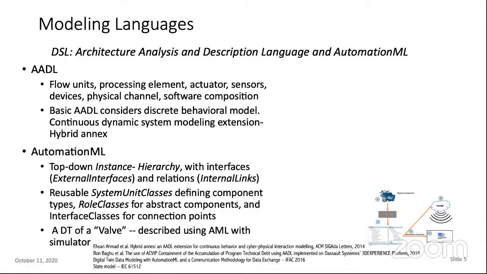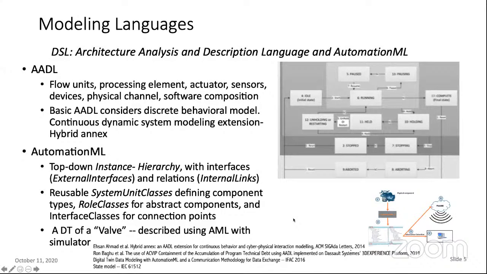This picture I have taken from a paper which I have marked here, which is the digital twin data model with AutomationML and communication modeling. So here this valve is modeled using AutomationML, and then one can interact remotely with this.